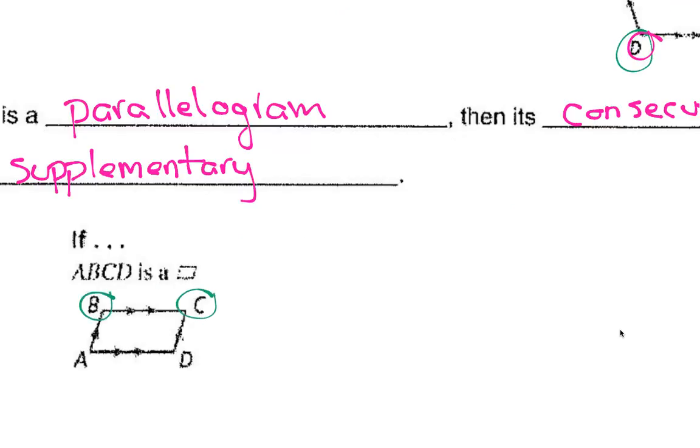That means B and C, if we add them up, they equal 180.